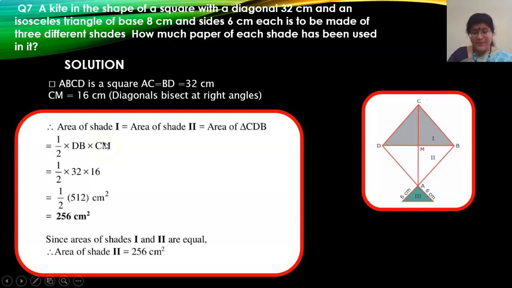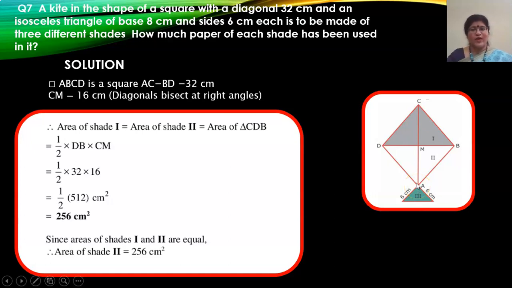Now, it is mentioned that one of the diagonals is 32 centimeter. So we have assumed BD to be 32. But since it is a square, the diagonals of the square will be equal. So AC is equal to BD equal to 32. The other diagonal CA will also be 32 centimeter.